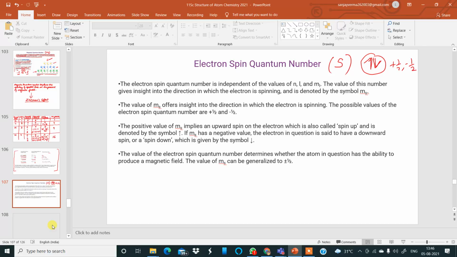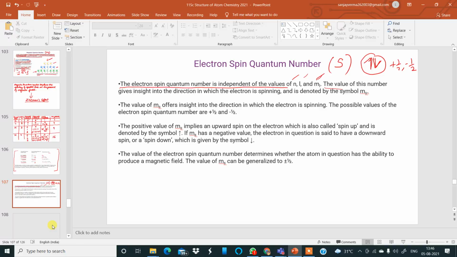The electron spin quantum number is independent of the values of all three: n, l, and m. So I can ask a question: name the quantum number which is independent of the principal quantum number, the azimuthal quantum number, or the magnetic quantum number. The answer has to be the electron spin quantum number.